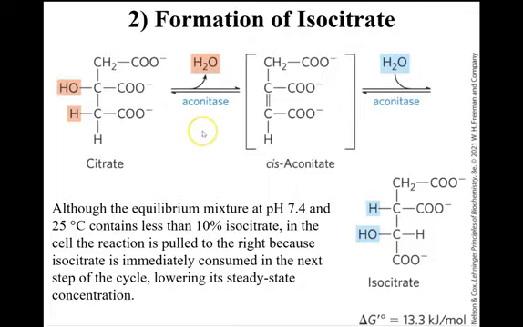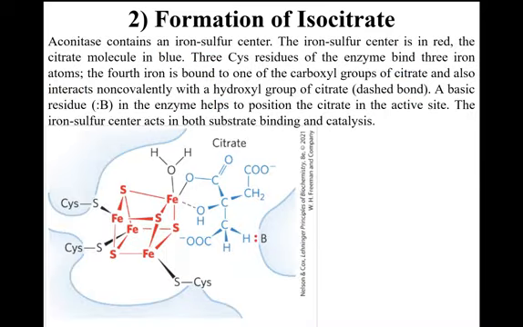It uses the enzyme aconitase for this particular reaction. This enzyme contains an iron sulfur center. The iron sulfur center is in red, listed right here. The citrate molecule is in blue, which is listed right here.